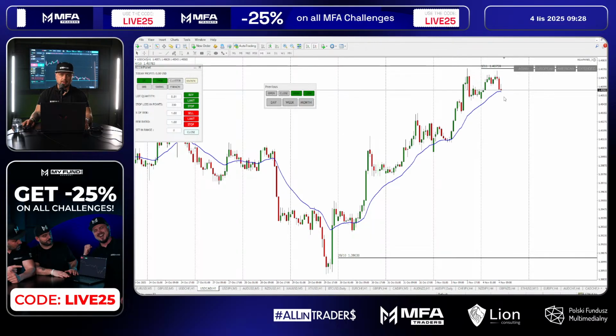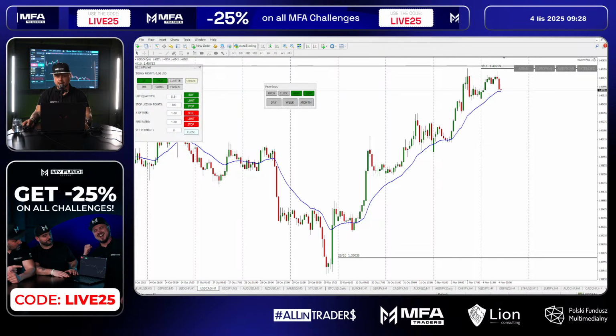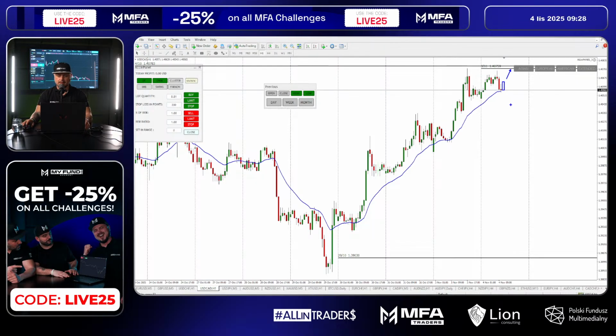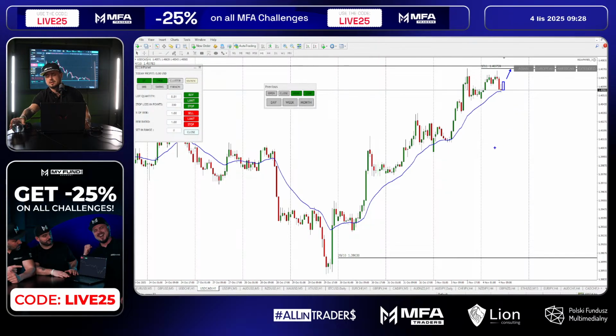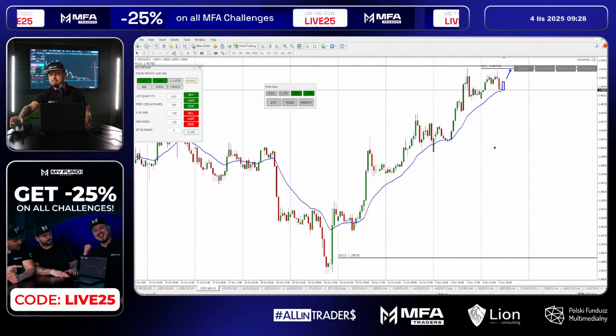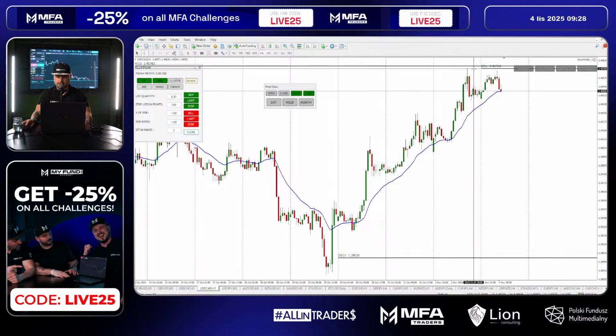It's too close because we need space around 20 pips to open the position. And even if we're going to have a reaction on the exponential moving average, I think that we're going to have like 10 pips left. So too tight, but we can use it probably for reaction.